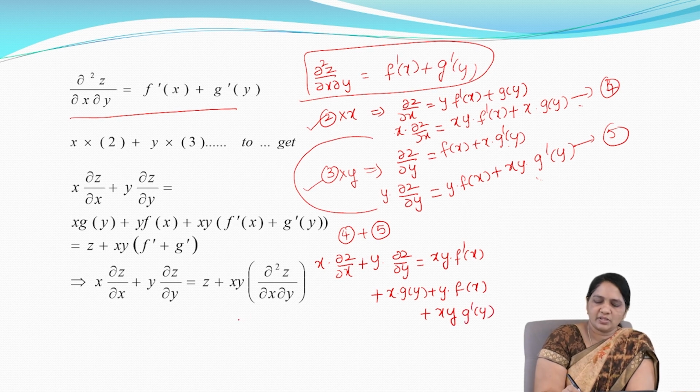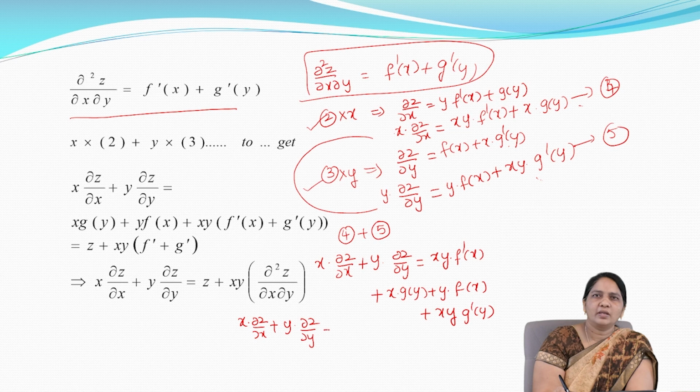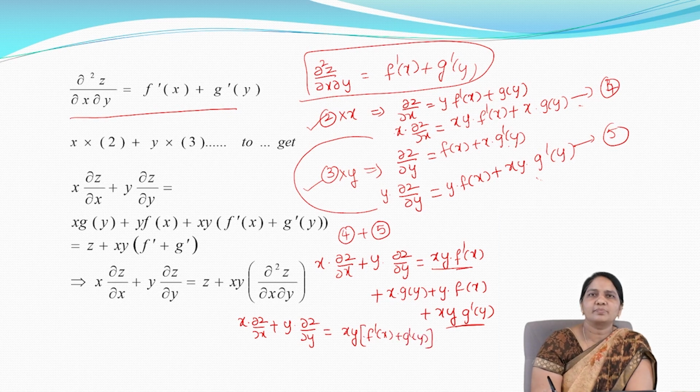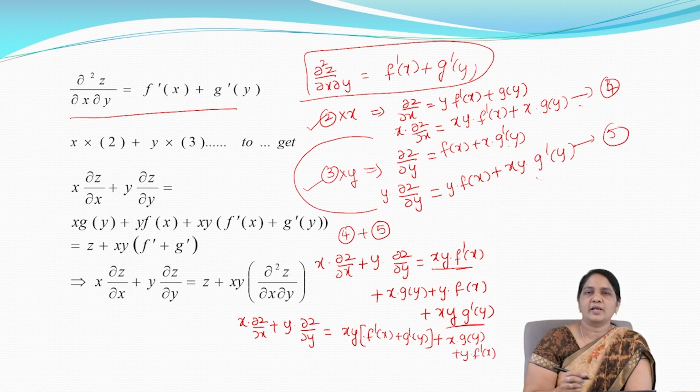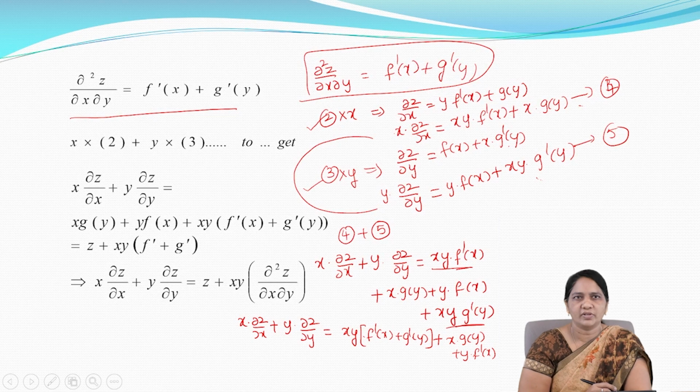So now x ∂z/∂x + y ∂z/∂y equals, in two terms I have xy common. I am taking xy (f'(x) + g'(y)), plus here I have x g(y) plus y f(x).